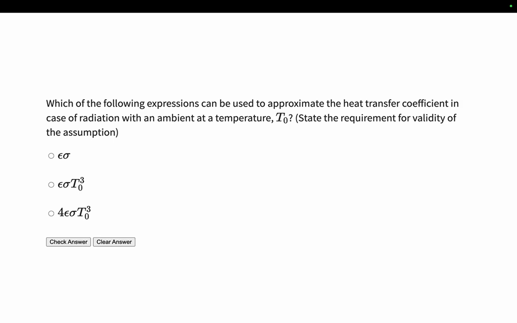If you want to write a radiation equation but still use Newton's form, how would I write it? We know the radiation equation as something like q double prime equals sigma epsilon times T to the power 4 minus T naught to the power 4, but I still want to use Newton's form. So basically I want to write something like h times T minus T naught. So what would h be?